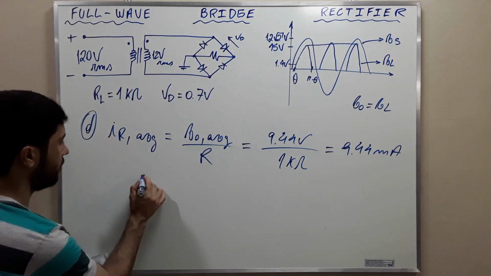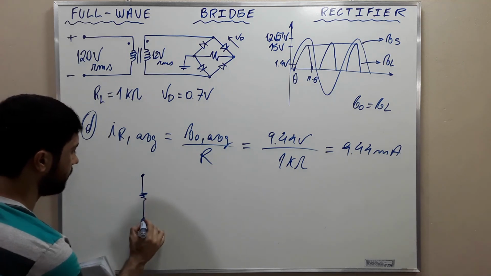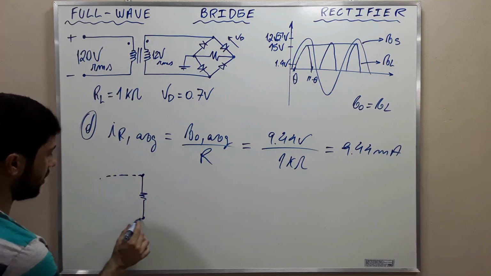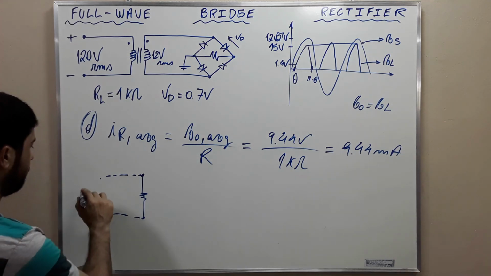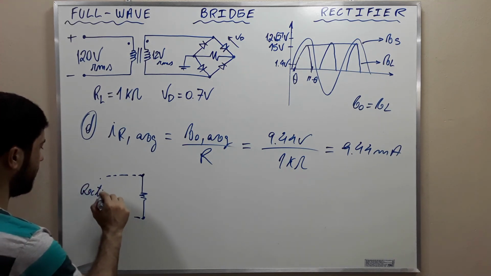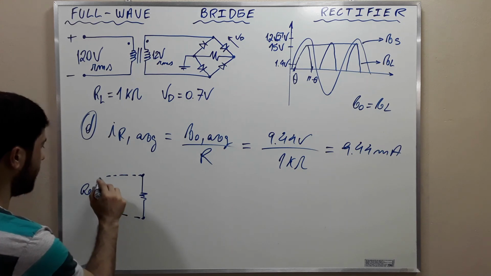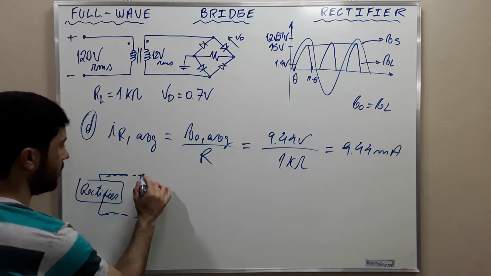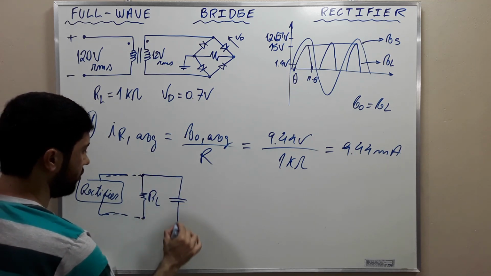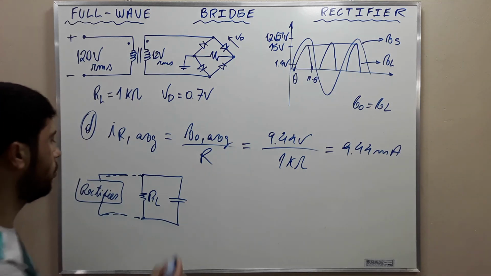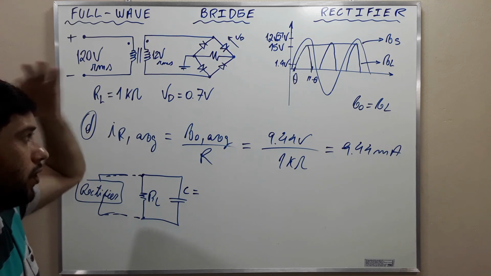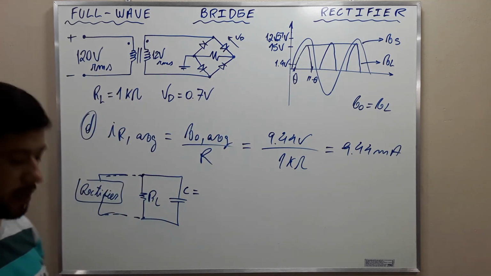Okay, the resistor is here, and then the rectifier is going to be here, and then the load resistor here, and then we put a capacitor in parallel with the resistor to make the signal linear like that.